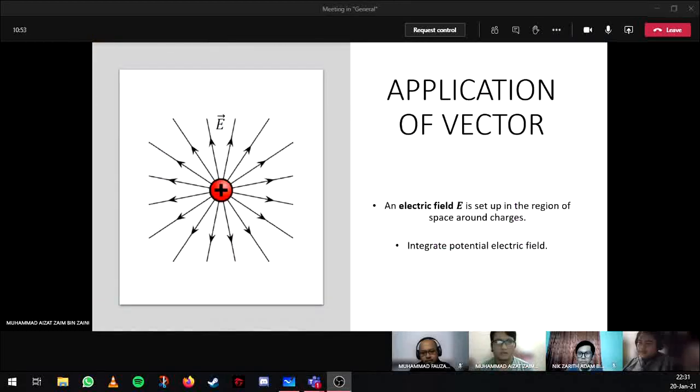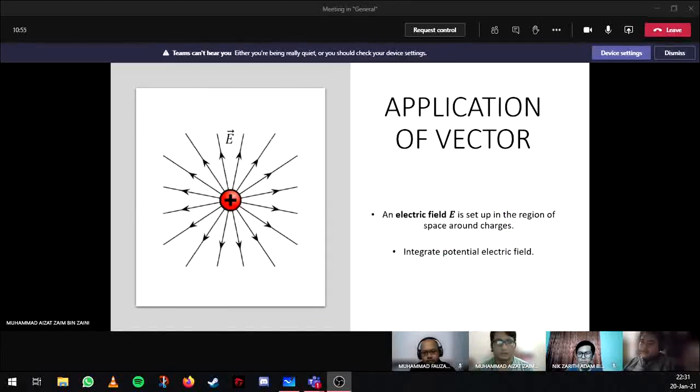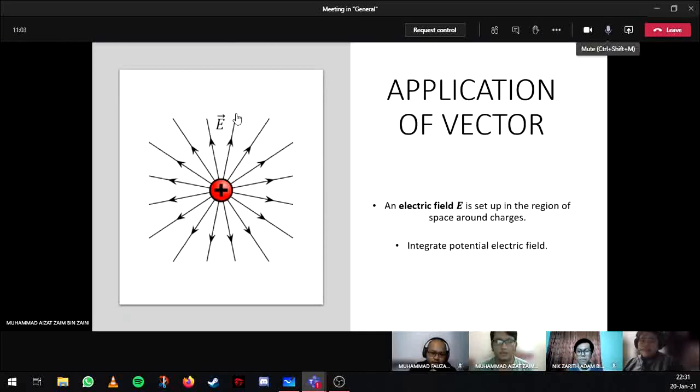Before that, I want to thank Nik Zarid for explaining the vector field and the vector calculus. For my part, I will explain the application of the vector. As you can see, on the left side is a figure of the vector.